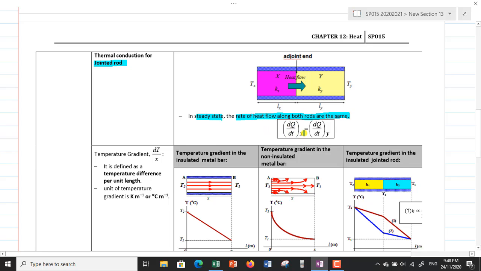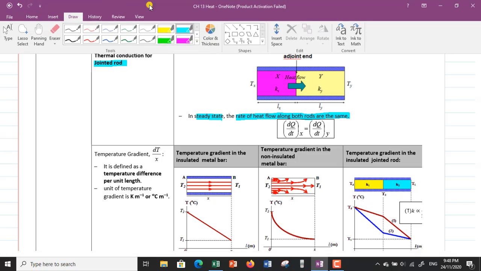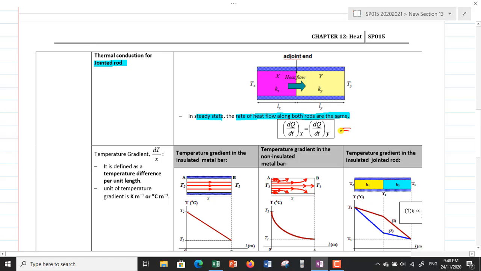So the rate of heat flow in rod X will always equal the rate of heat flow in rod Y. This is the key concept for jointed rods, a combination of just two rods.